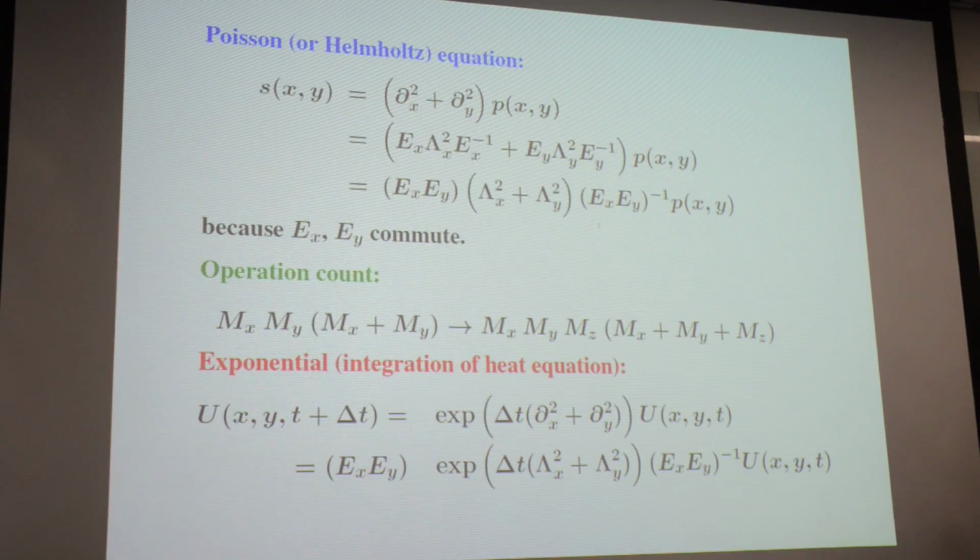And I have here lambda 1 x squared plus lambda 1 y squared. And then here I have lambda 2 x squared plus lambda 1 y squared. And I have a diagonal matrix.